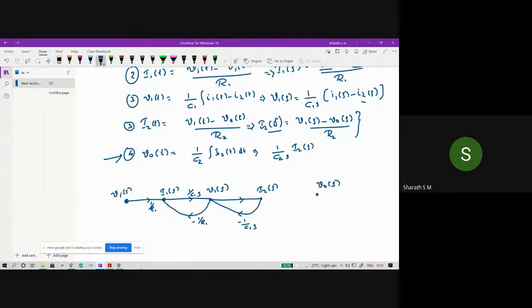What's the denominator term for V1? R2, sir. So 1 over R2 is acting as the gain here. Then minus V0 of S by R2. So how to write down that?